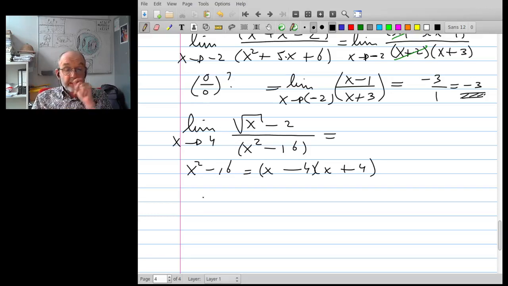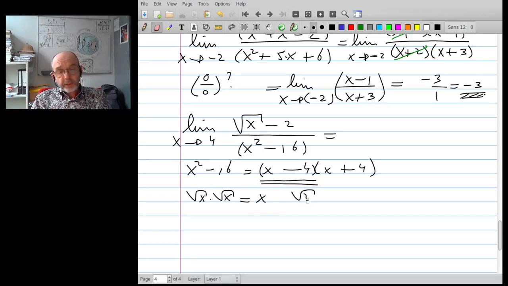And then I am thinking to myself that the square root of x times the square root of x is x. So what can we do? We can write that first term as the square root of x minus 2 times the square root of x plus 2.